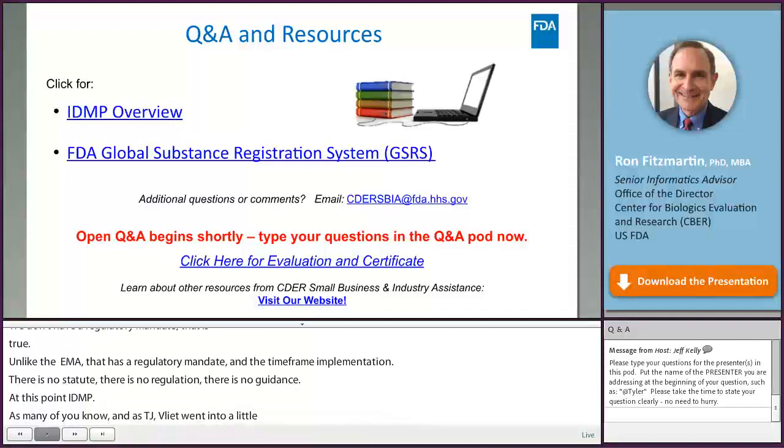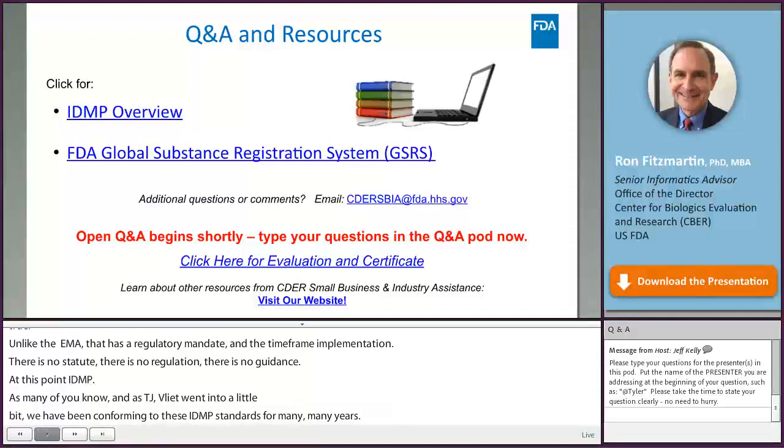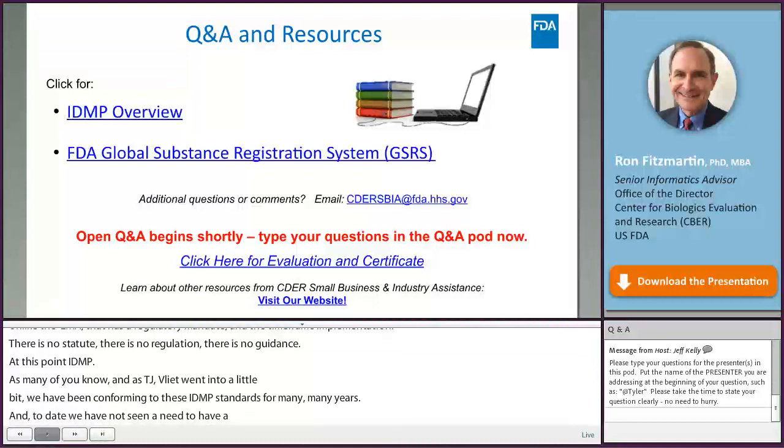And so to date, we have not seen the need to have a regulatory mandate for conformance. We certainly support the IDMP standards, and we are working with our international colleagues for the time when we can have a global implementation. Thank you.